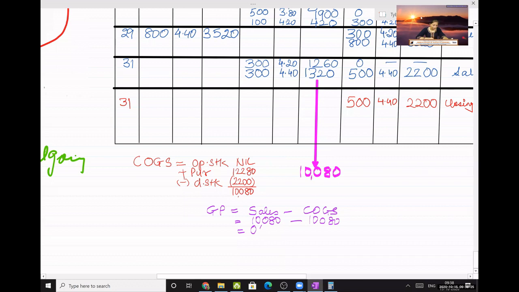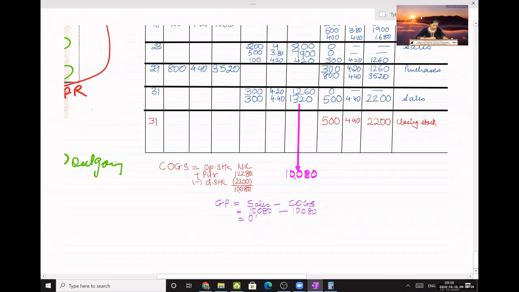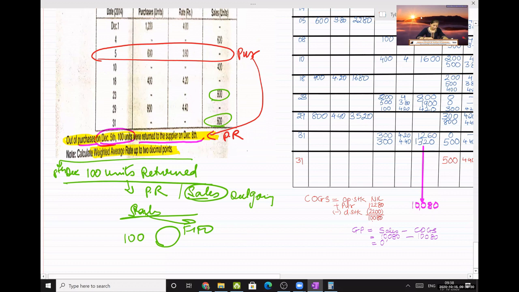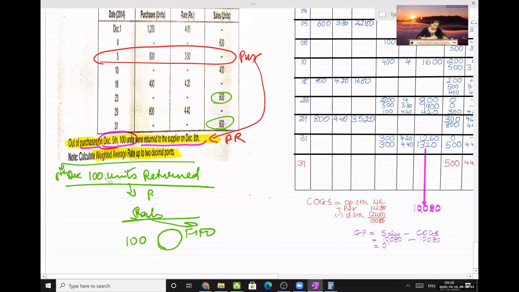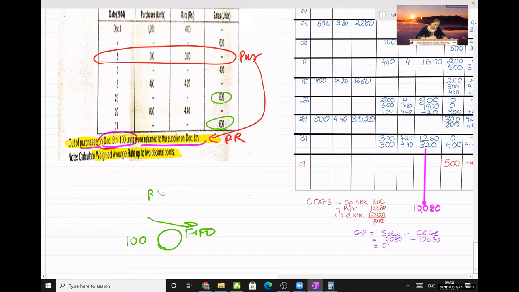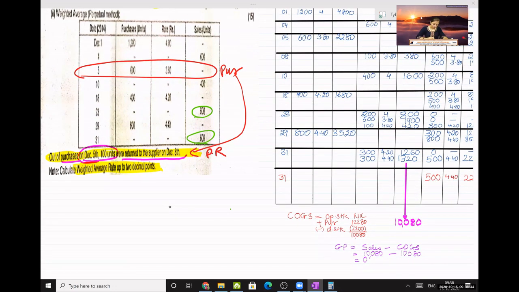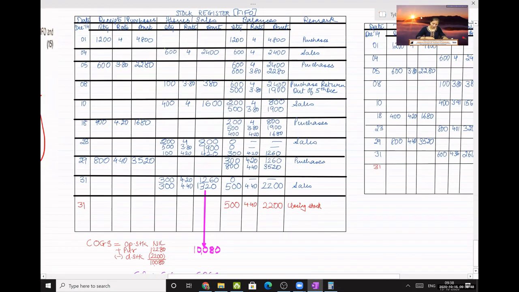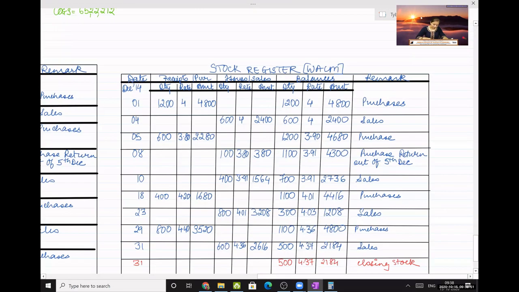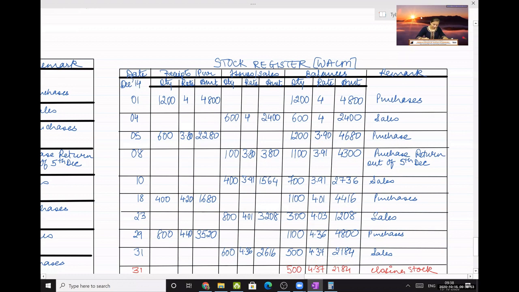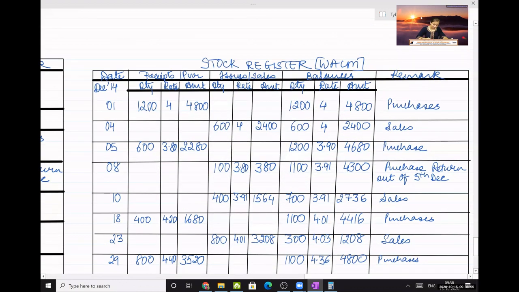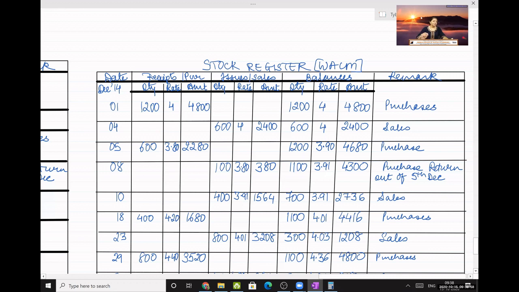Now moving on to the weighted average of the same sum. Yeah, start. Weighted average of this sum. First step will remain the same.